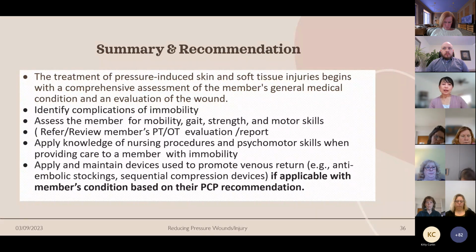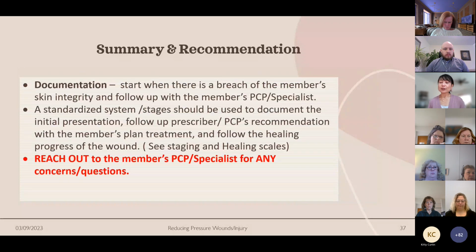So just to clarify, why is it apply and maintain devices? Well, if the member, for example, has a stocking to reduce the edema or something like that, this needs to be documented as well. For example, the caregiver checks whether the stocking is too tight or put on the wrong way. That is something that I believe applies in daily care from the sharing providers to the member.